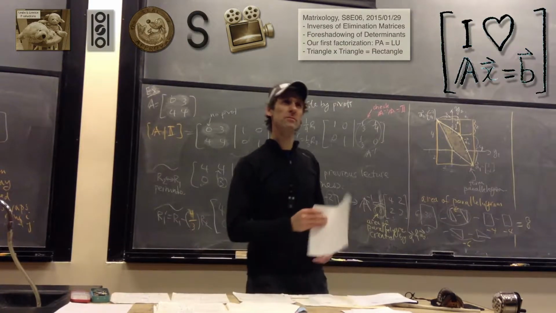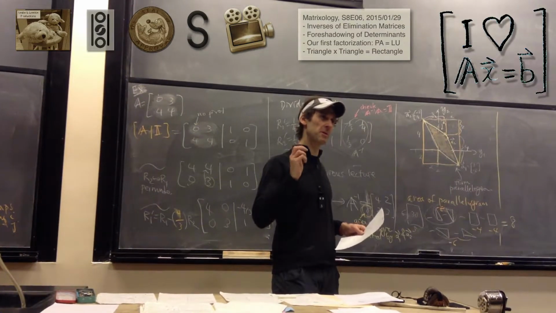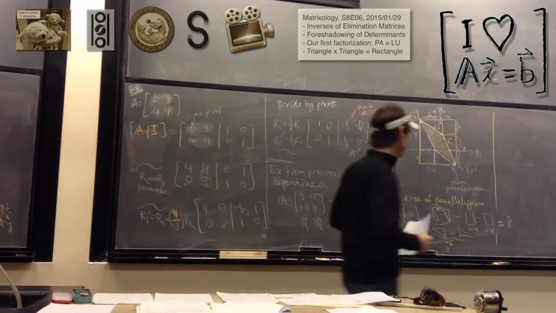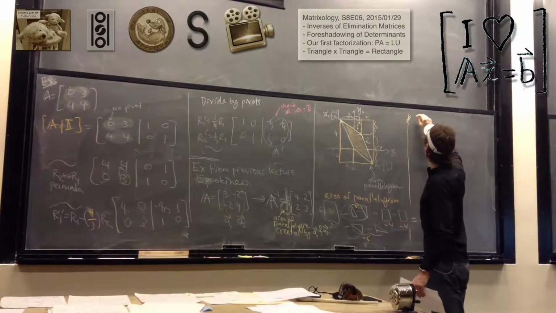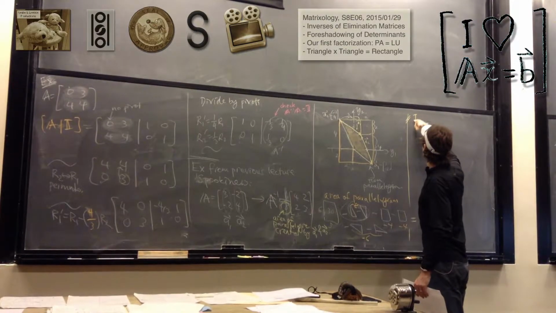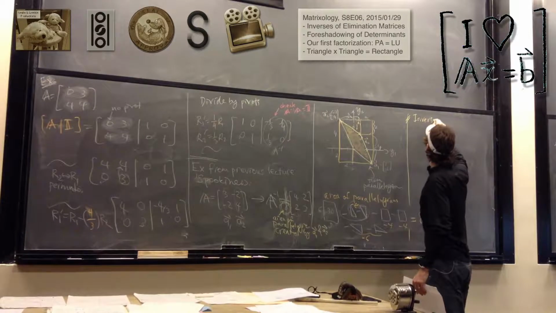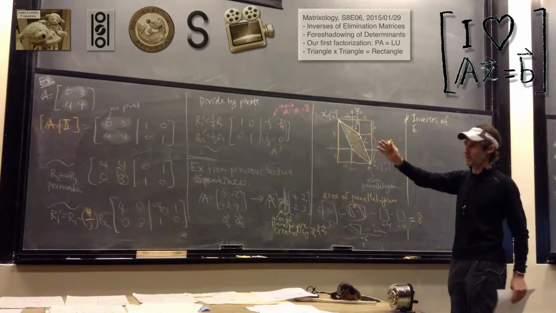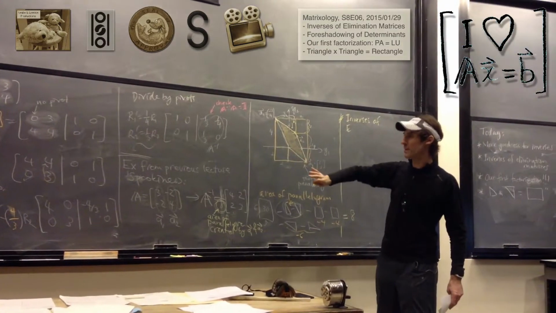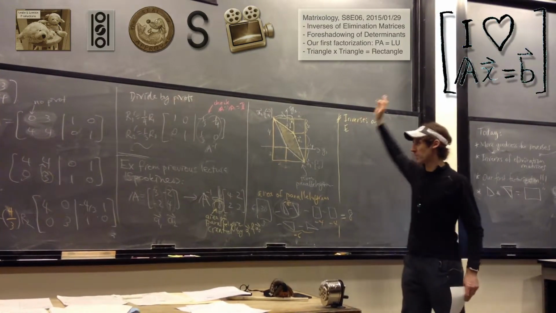No? Elimination matrices, inverses, did we do that? I don't trust my brain. Okay, so, all right. Inverses, so this is where we start on today's work. This is a patch up from last time. This is just a little more insight about what's going to happen later on.